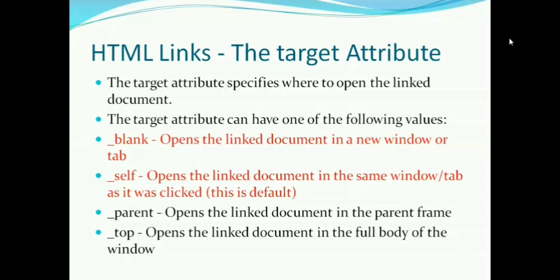The target attribute specifies where to open the linked document. The target attribute can have one of the following values. Underscore blank opens the linked document in a new window or tab, which we have already seen.